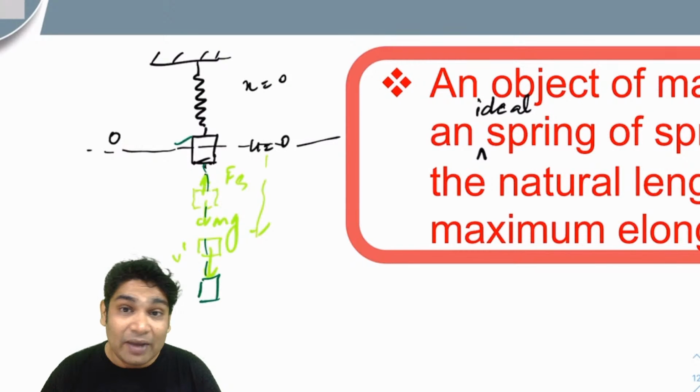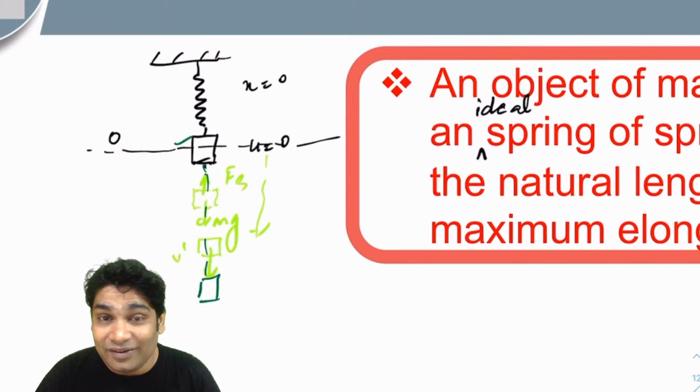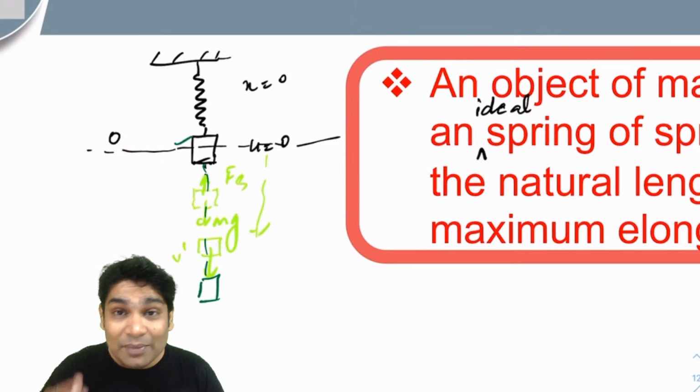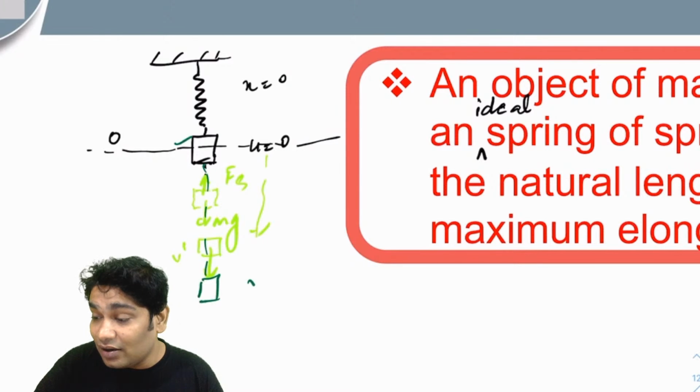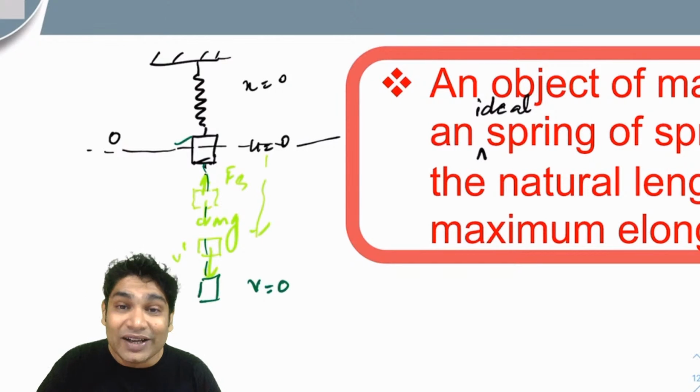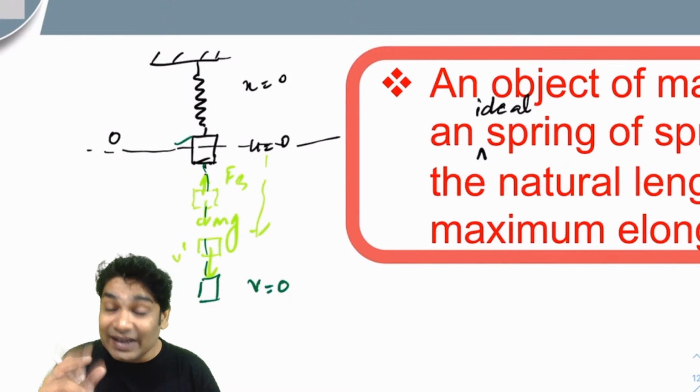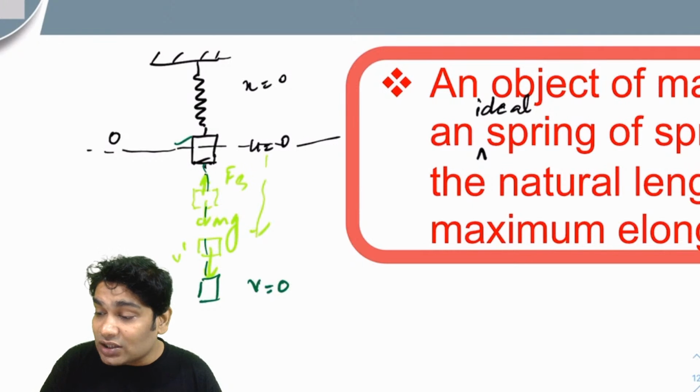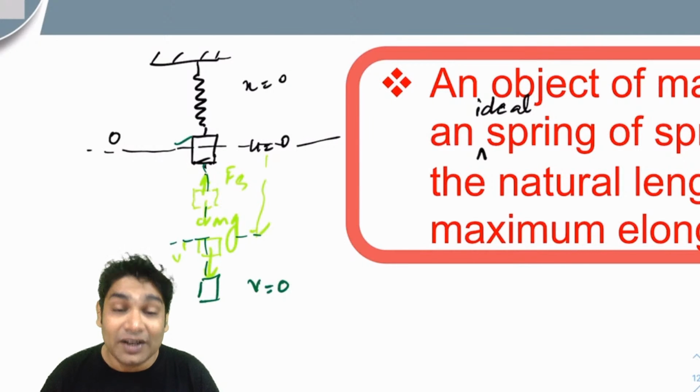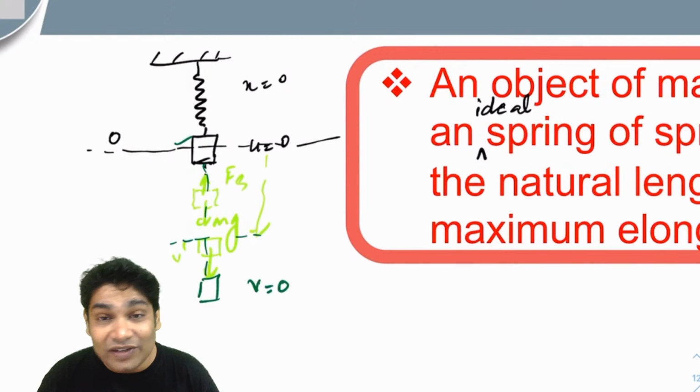So this will be my final situation when the mass has come to rest again. Now you realize it has come to rest, and it has a force acting upwards still, because it's still elongated, and we have already crossed the point where mg and Fs were equal. So we are below that point, and below that point the Fs will obviously be greater than mg.